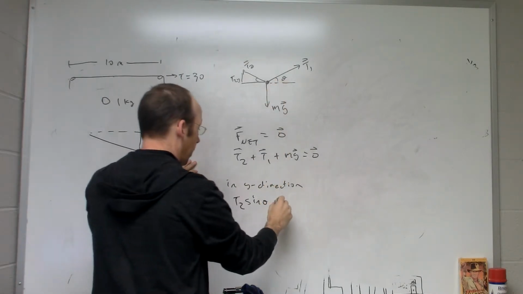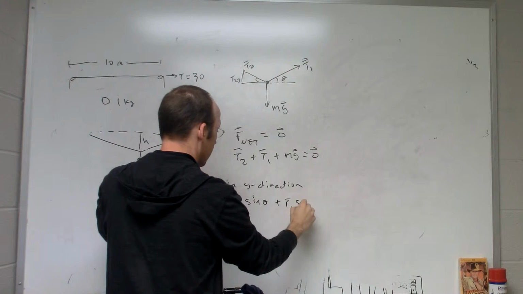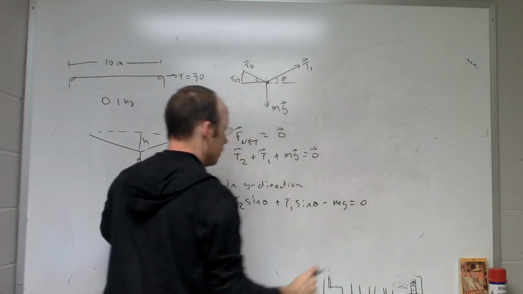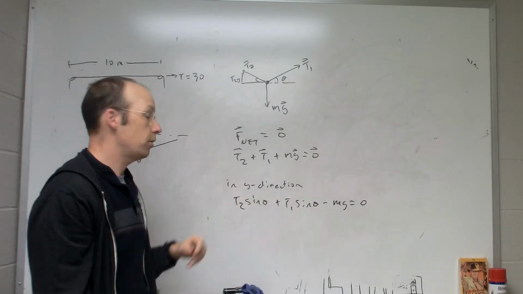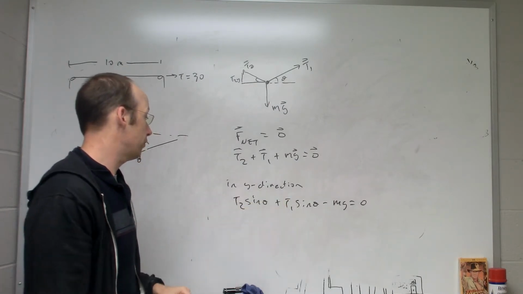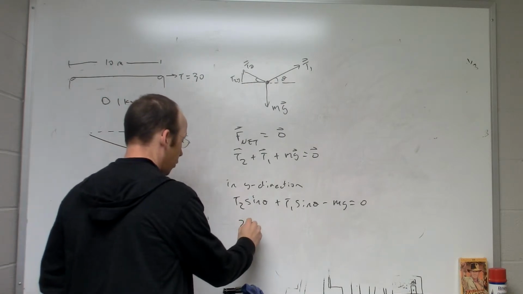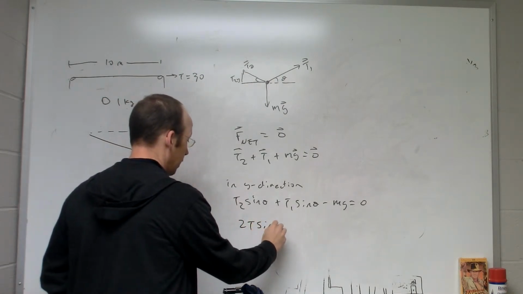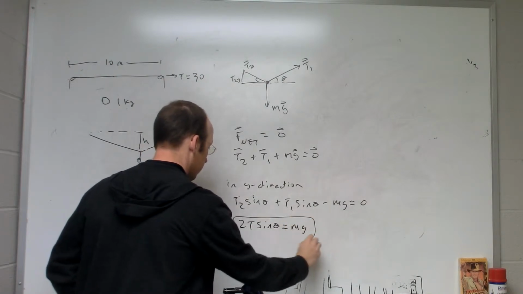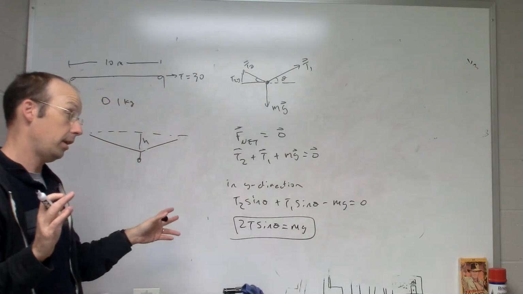And the same thing for that one too, plus T1 sine theta minus mg equals 0. T1 and T2 are the same value. But I don't know theta and I don't know T1. But I can write this as 2T sine theta equals mg. But I don't know T and I can't solve.